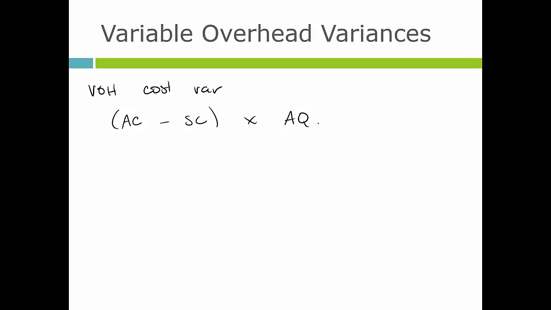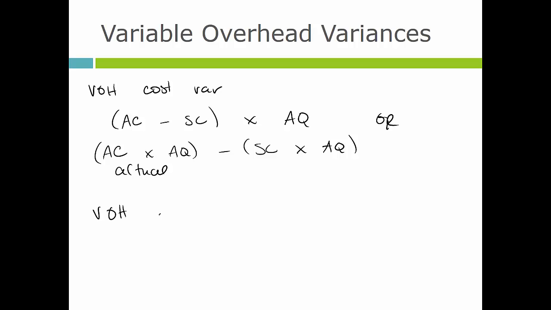If you expanded this formula, what this really is is the actual cost times the actual quantity minus the standard cost times the actual quantity. Sometimes you see it like this, because this is what you actually paid, and then this would be the actual quantity times the standard cost. So both of those will give you the same thing.